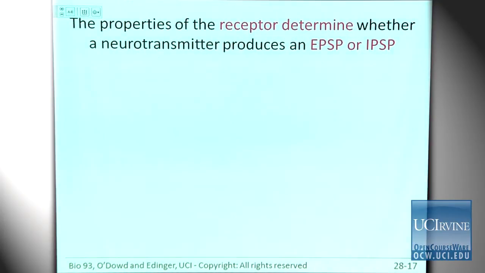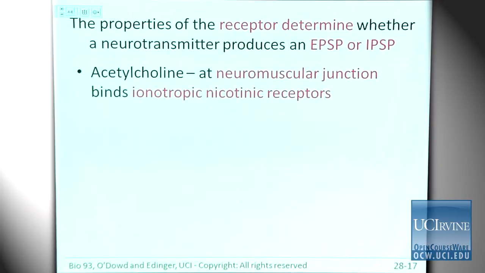The properties of the receptor for the neurotransmitter are what's going to determine if you have an excitatory or inhibitory postsynaptic potential. And acetylcholine is a great example of this concept. Acetylcholine is a neurotransmitter. At the neuromuscular junction, where neurons and muscles have a junction, there are ionotropic nicotinic receptors for acetylcholine.